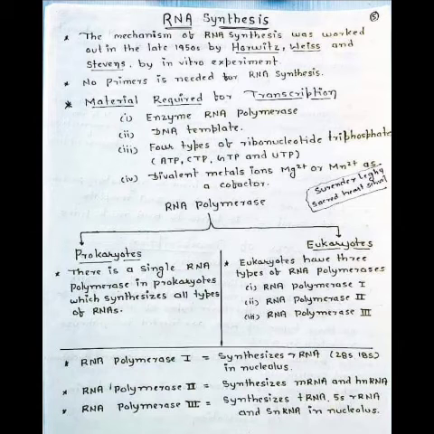Now RNA polymerase 1 synthesizes the ribosomal RNA in the nucleolus, RNA polymerase 2 synthesizes messenger RNA and hnRNA, and 3 synthesizes the transfer RNA.